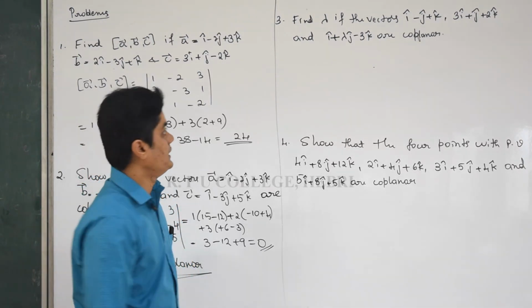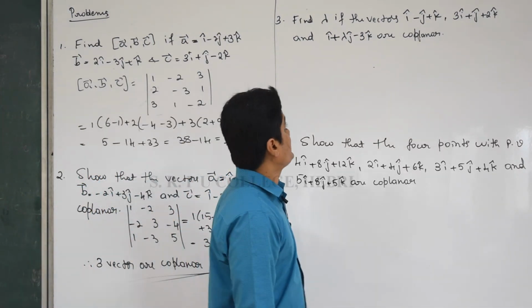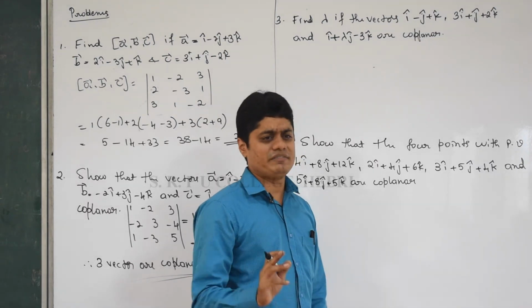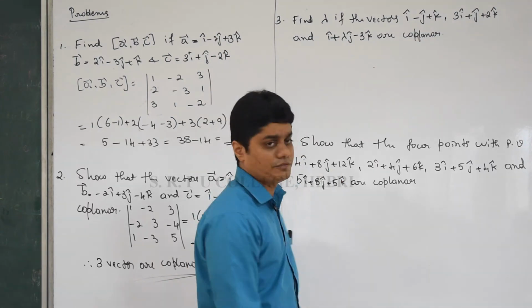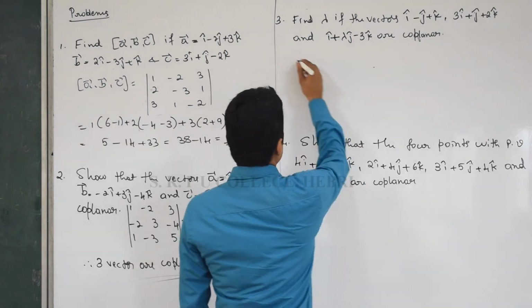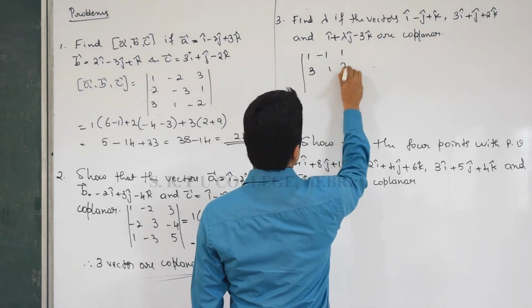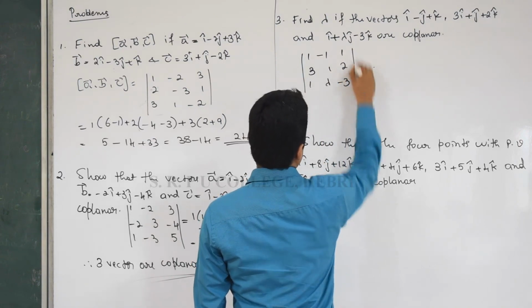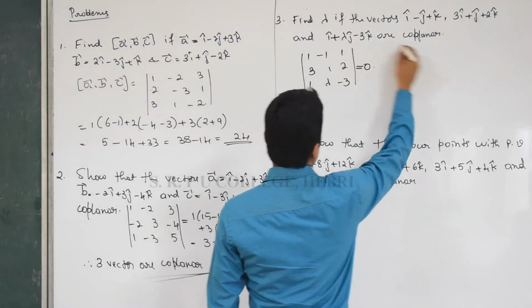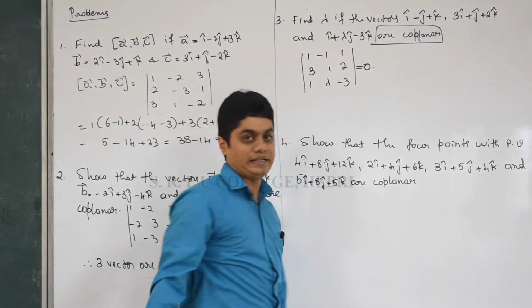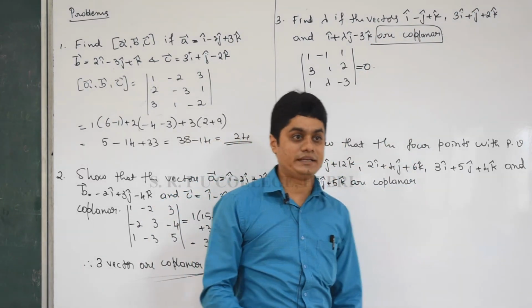Did you understand? Next, find lambda if the vectors are coplanar. Again the same idea: 3 vectors are coplanar, you have to find the value of lambda. The determinant is equal to 0. So again this is very simple: 1 minus 1 1, 3 1 2, 1 lambda minus 3. Now don't try to prove it is coplanar because it is given that it is coplanar, so use the condition that it is coplanar.